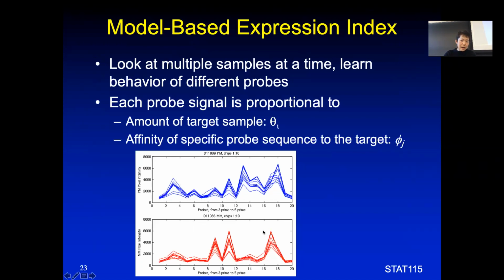The bottom ones are the mismatch probes. You can see that these probes in general have much higher values, and they also have pretty high variance. And this probe in here has a low value and a low variance, but overall the ranks of the probes are more or less stable.